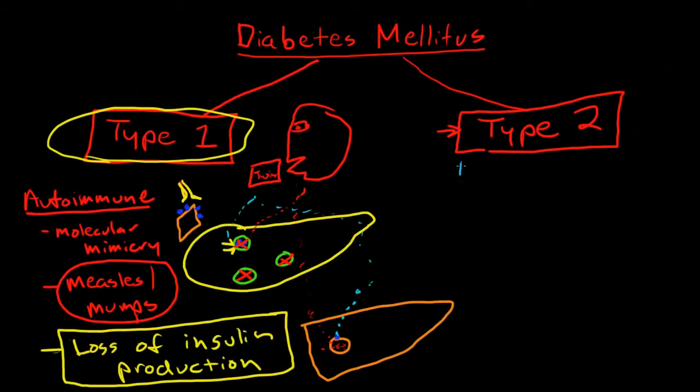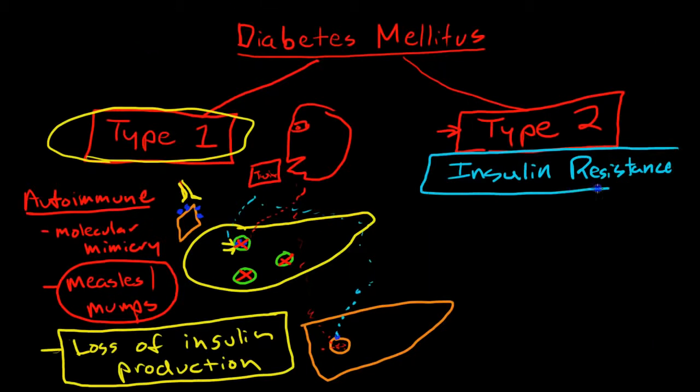Okay, so type 2 diabetes is actually not a disease of loss of insulin production. It's actually a disease of insulin resistance. And I think we're starting to understand this disease a lot better, but we still don't understand completely what causes insulin resistance.